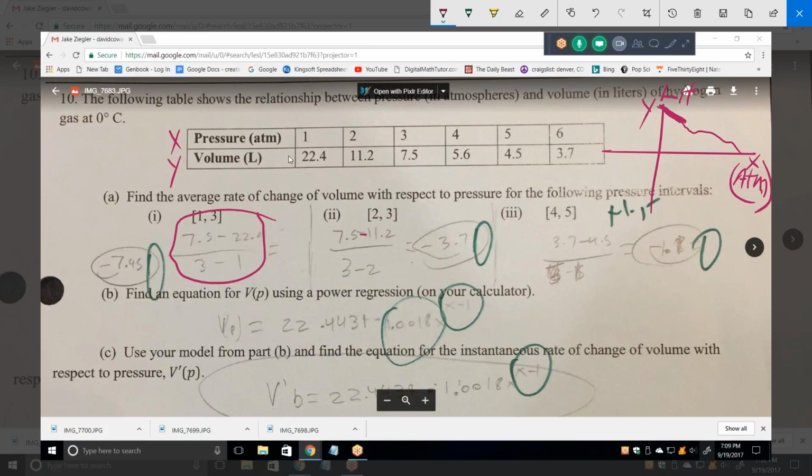Unfortunately, I haven't gotten a hold of a virtual calculator yet. Let me get my calculator. You got yours? If you don't, pull it out. Let me get it, and I'll show you how to do this.